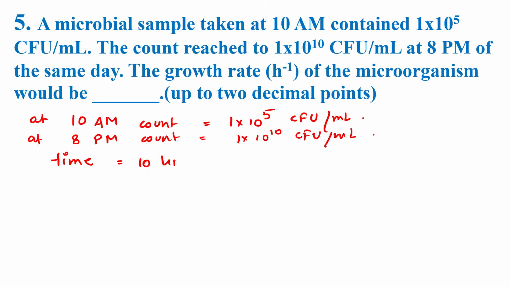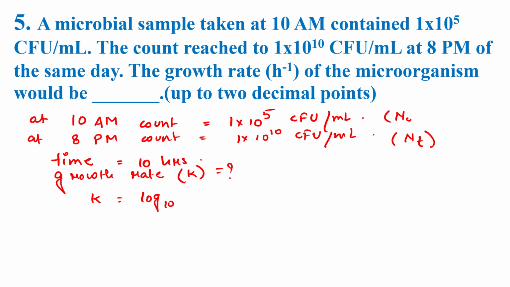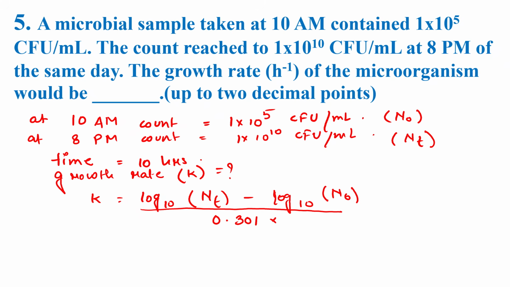We have to calculate the growth rate over here, that is K. So we know the formula that K is equal to log base 10 of, if we'll say this as NT, that is final, and this as N naught initial, that is NT minus log base 10 of N naught divided by 0.301 into the time taken, that is 10.